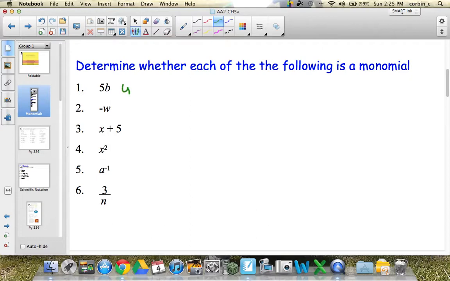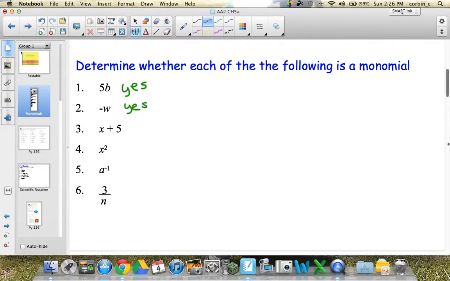So yes, that follows all of the rules for a monomial. Negative w. Negative w is -1, a number, times w, a variable, and yes, that follows the rules of a monomial.